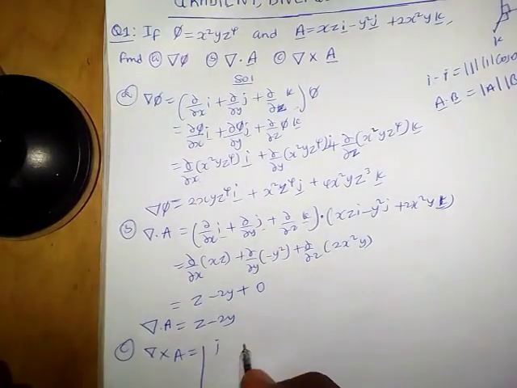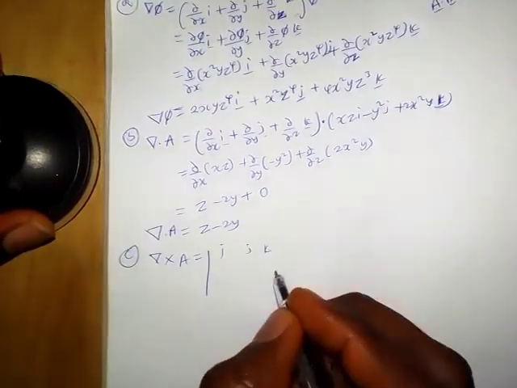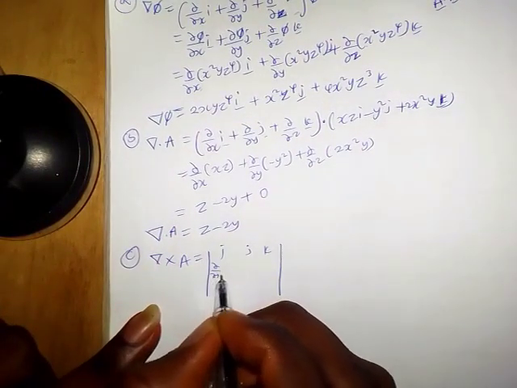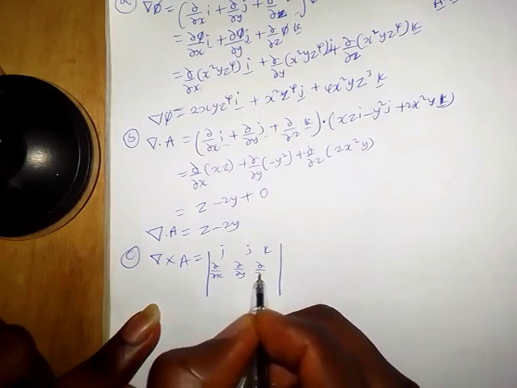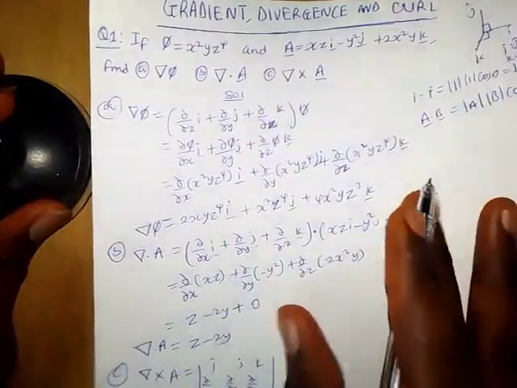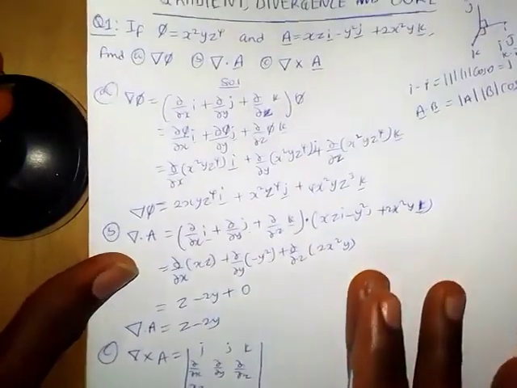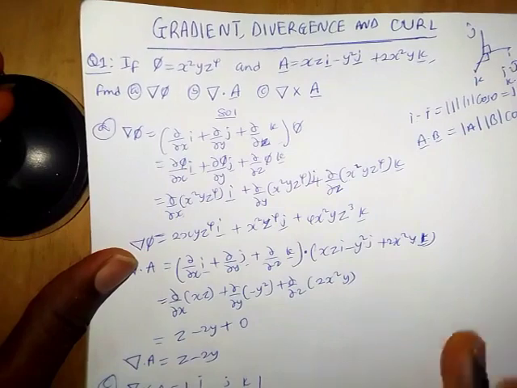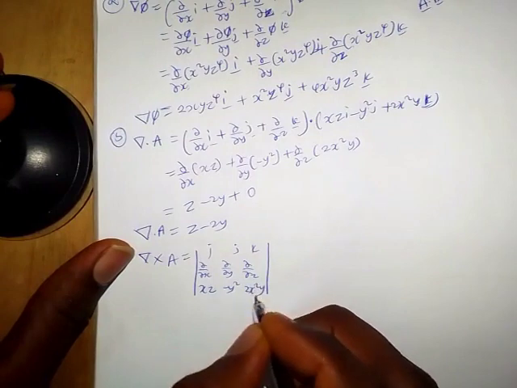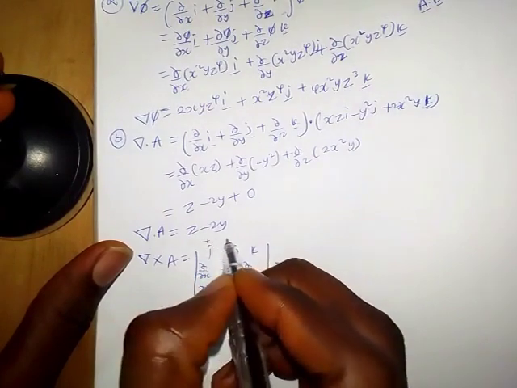We have i, j, and k in the first row, then our gradient operator, which is partial x, partial y, partial z, and our vector function, which has xz on the i component, minus y squared on the j component, and 2x squared y on the k component. So now we can impose the condition of the vector product. This is simply plus, minus, plus.